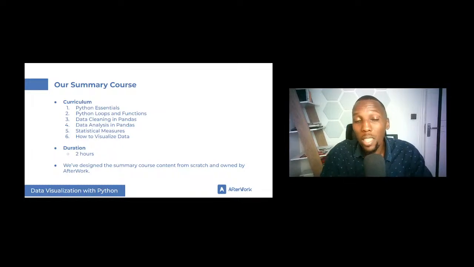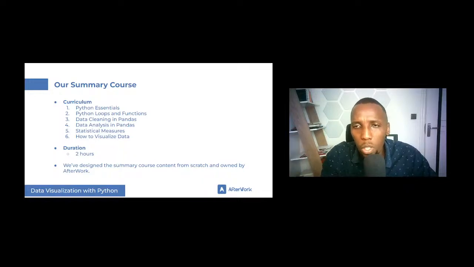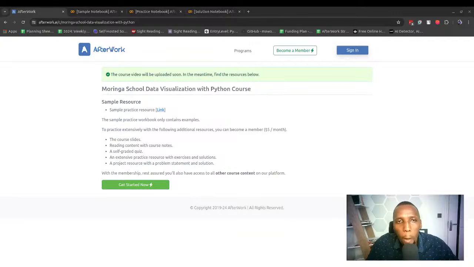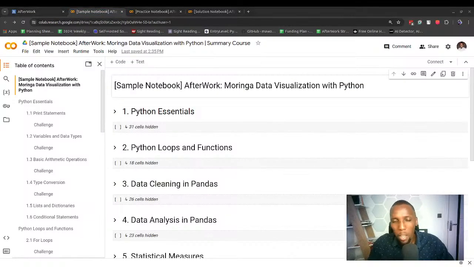At this particular point, I'm going to ask you to visit the link in the chat, the resources link, and it should take you to a page that looks like this. This will allow you to access the practice notebook that we are going to be using for this course. You will get the practice notebook, but this will give you a sample, just for people who want to learn.